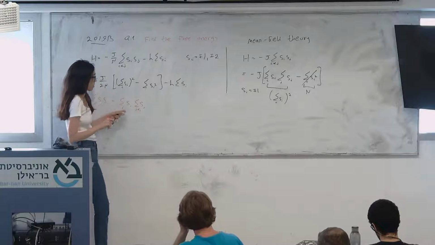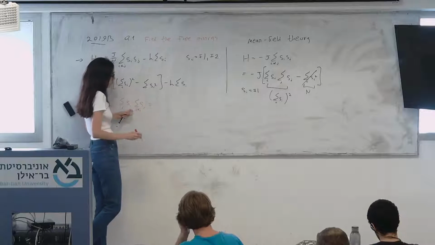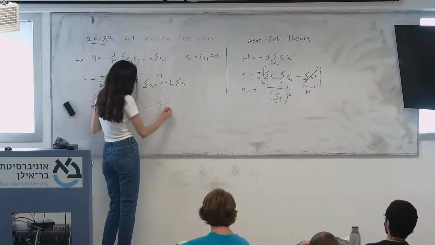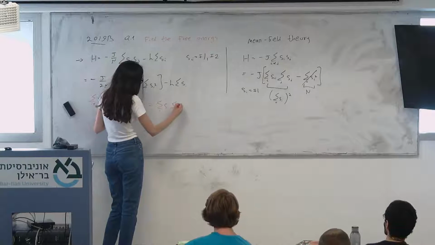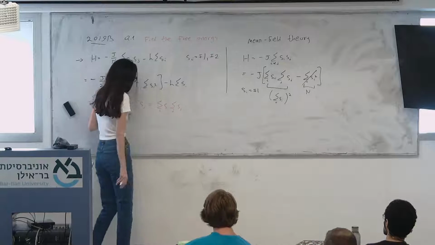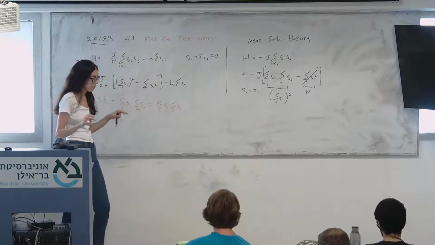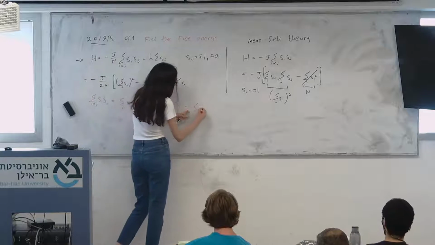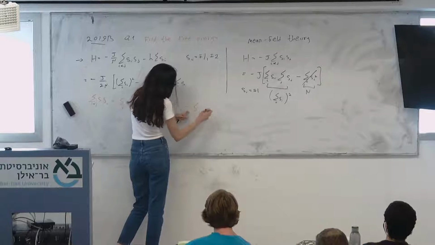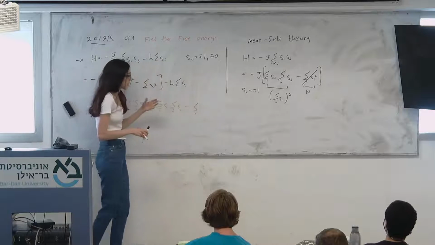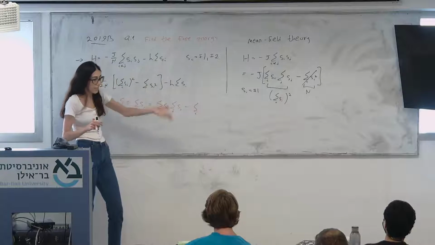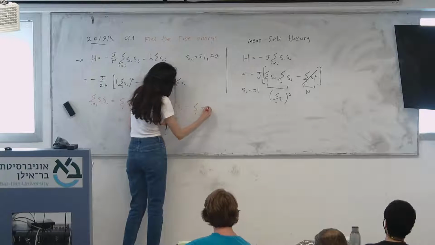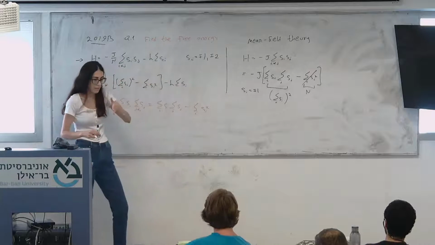So I say, okay, I can rewrite that as summation of i, si, and summation over j, sj, for all i and j, and minus the summation of technically i, where i equals j, so this is just i, of si squared, because it's like si, si.